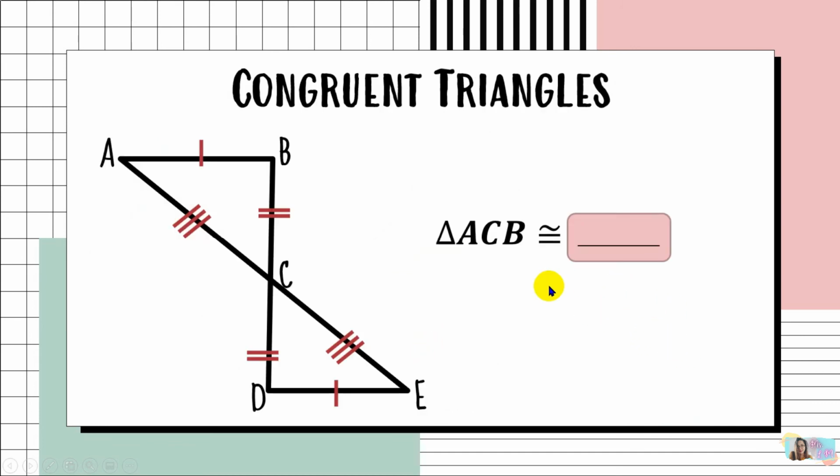Ito naman, given ay name ng triangle, ano ang magiging ka-congruent niya. So if we have triangle ACB, so itong nasa top, A to C to B, kanino kaya siya ka-congruent? So, pwede tayong mag-list down ng points, pwede tayong mag-list down ng angles. Or, tingnan nating maigi yung ating mga markings dito sa ating figure. Yung A natin, ang ka-corresponding niya ay si E, papunta kay C, papunta kay D. So, triangle ECD.